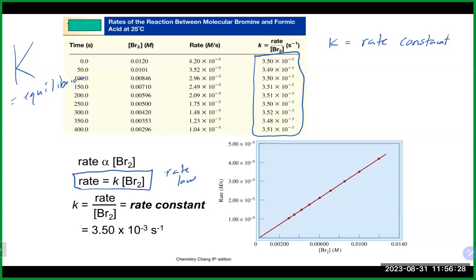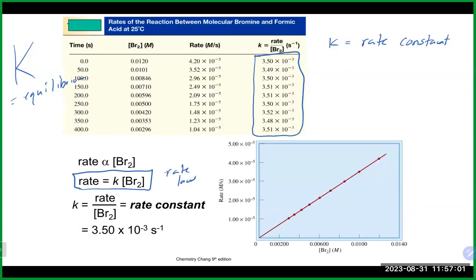The rate constant is an important value in addition to giving an idea about how fast or slow the reaction is occurring. Later in the chapter it will also be a very big indicator of what type of reaction you're dealing with. Based solely on the units that you see for the rate constant, it will tell you if this is a first order, second order, or zero order reaction, which we'll talk about shortly.